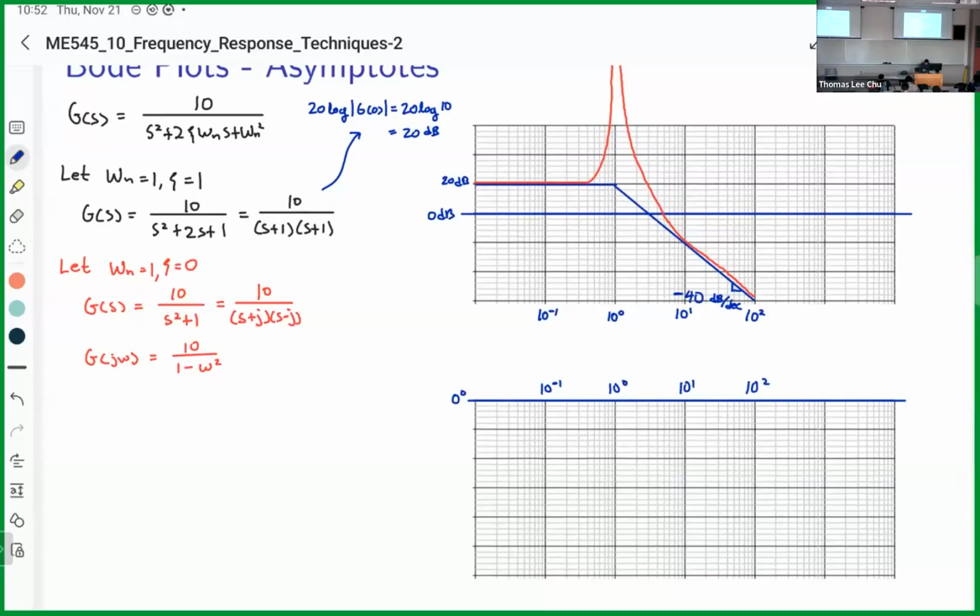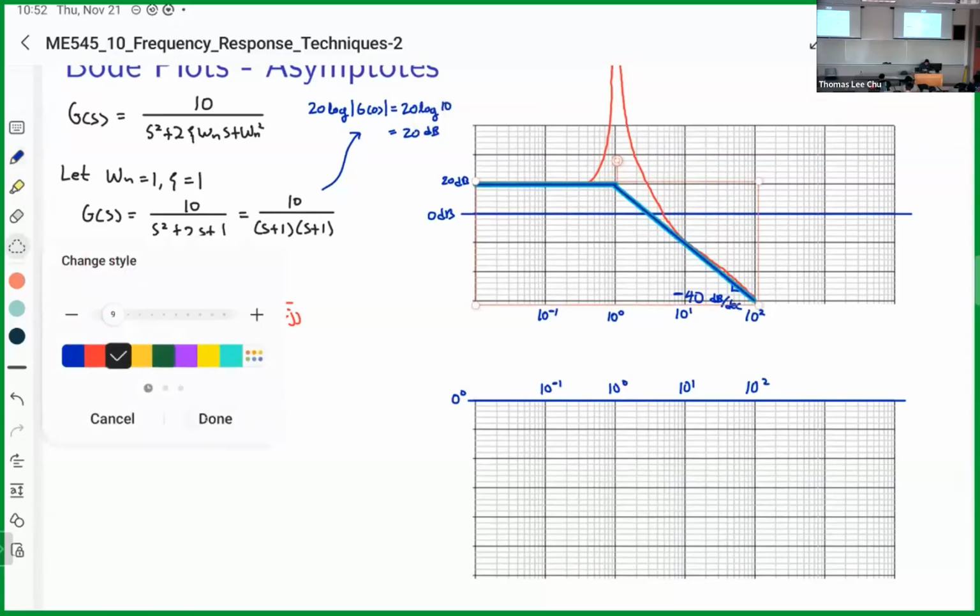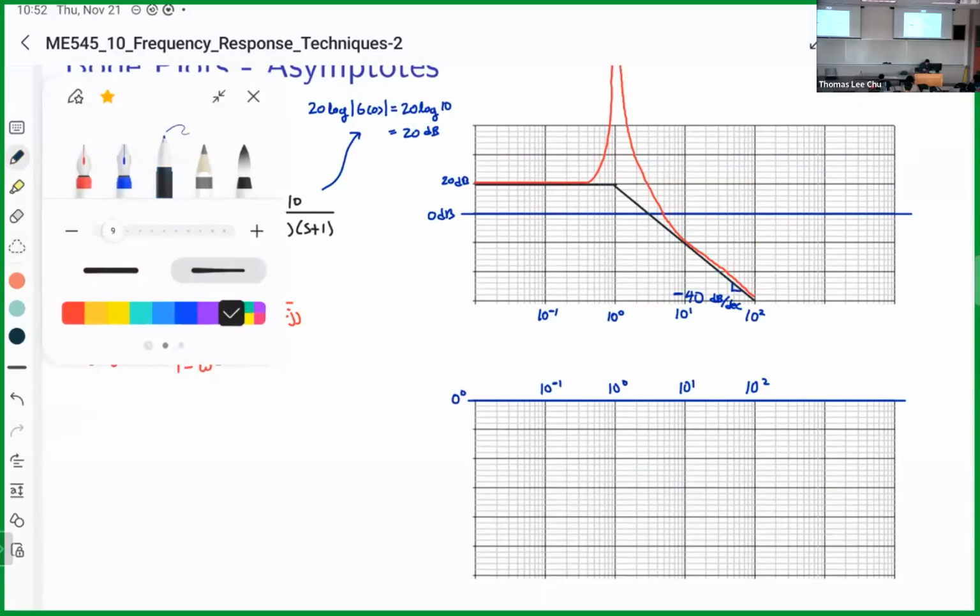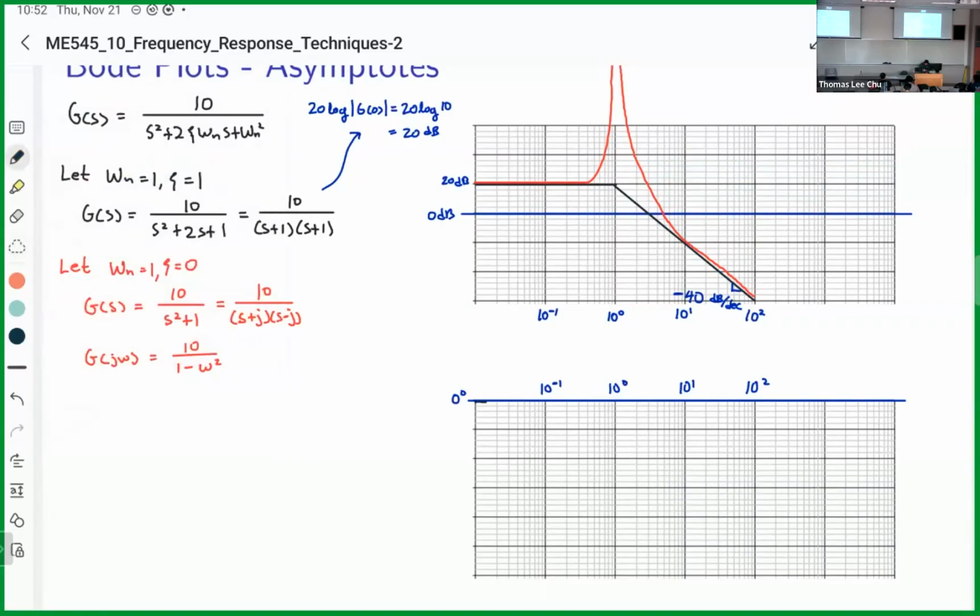For the first system, where we have 2 repeated poles at minus 1, at 10 times below the break frequency, I start having a change in phase of minus 45 degrees per decade per pole. But because there are 2 of them, I get minus 90 degrees per decade for 2 decades.